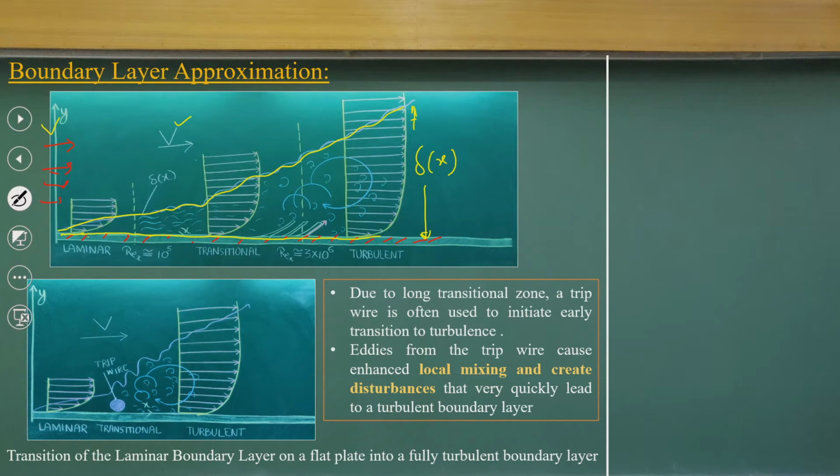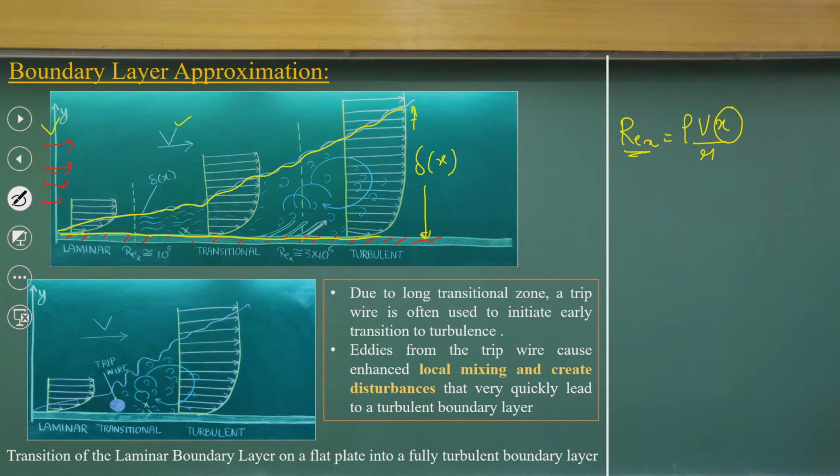So, for this boundary layer thickness, we have the flow Reynolds number in terms of the characteristic length x, which is rho v x by mu. Here it is not d, it is x, the distance from the origin point.